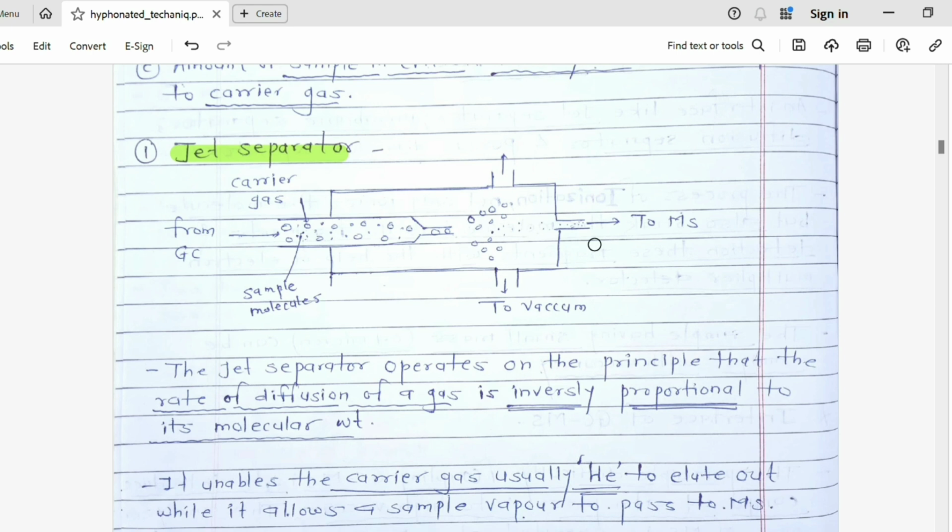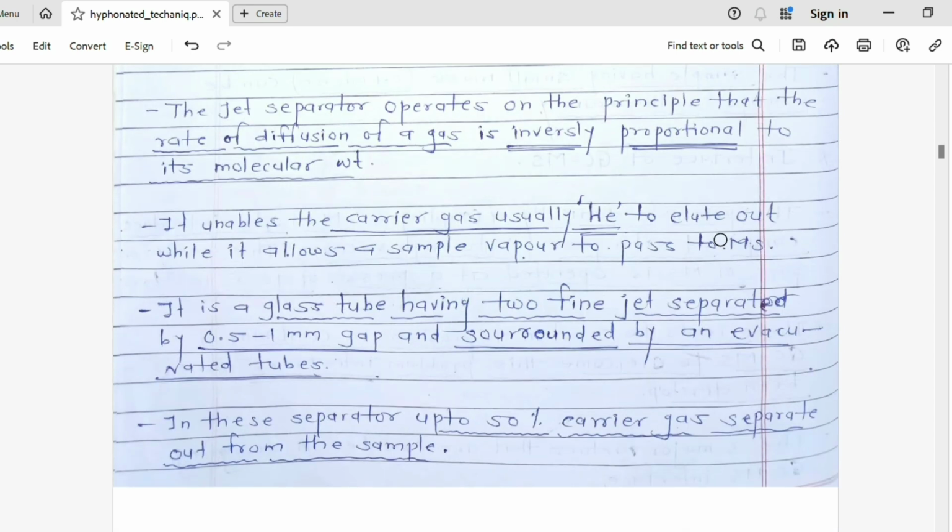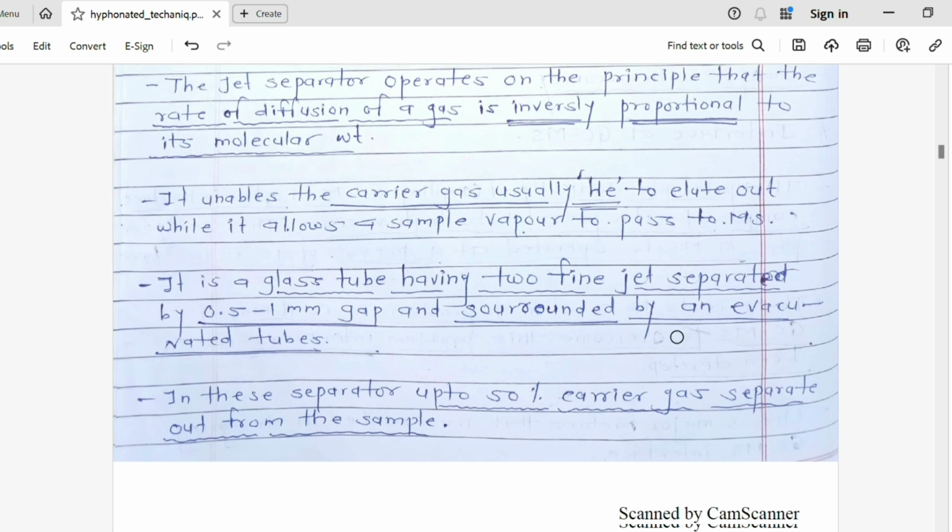After that, the samples pass into the mass spectroscopy, where they get analyzed. The jet separator operates on the principle that the rate of diffusion of a gas is inversely proportional to its molecular weight. It enables the carrier gas, usually helium, to elute out while allowing the sample vapor to pass to the mass spectrometer.